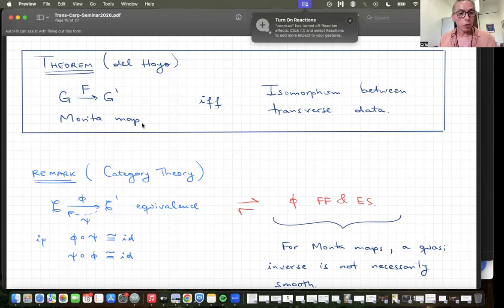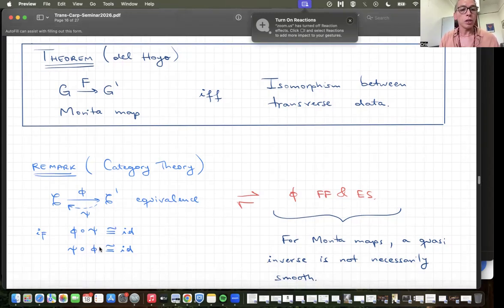Okay, so just a remark about category theory. In category theory, we identify categories if they are equivalent. So this means that we will say that phi, a functor between 2 categories C and C prime, is an equivalence if there exists another functor, psi, going in the other direction, such that these compositions are not exactly the identity, but they are naturally isomorphic to the identity.